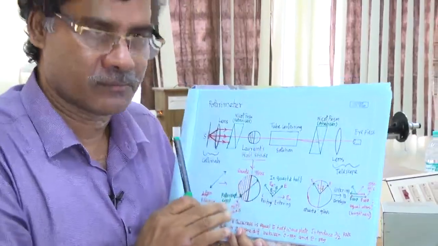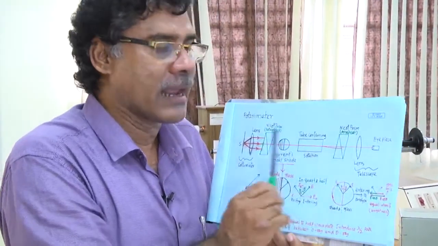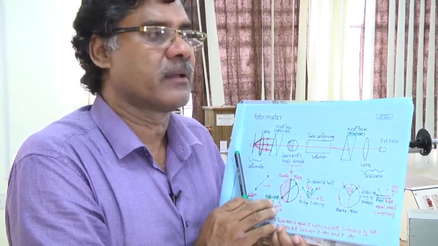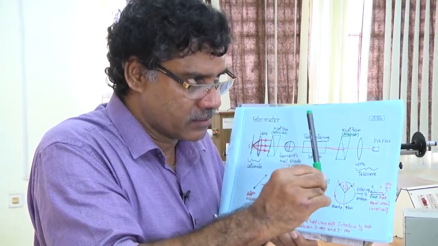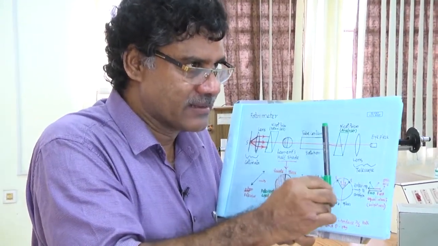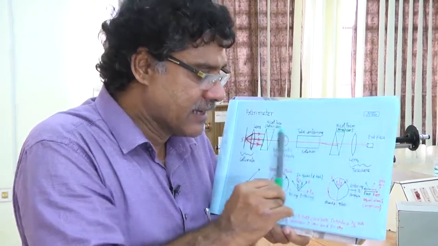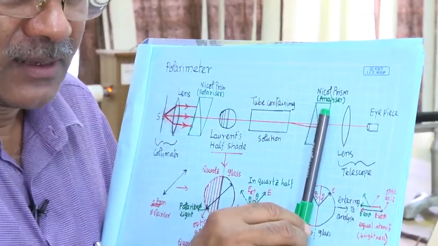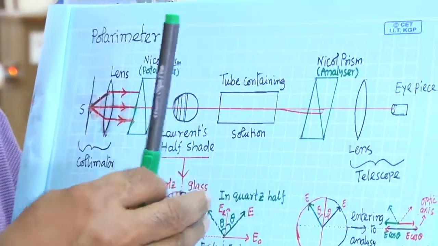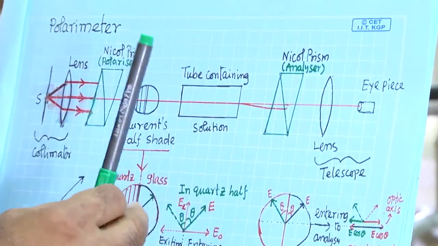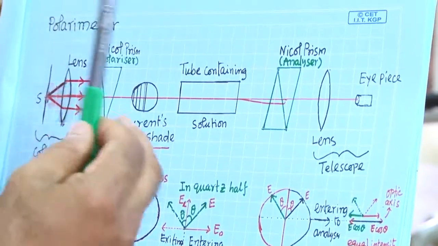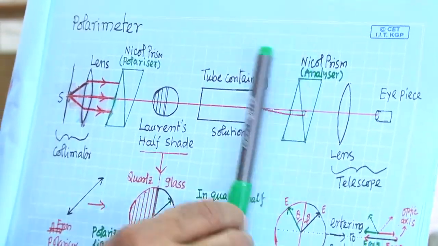Without it one can also do this experiment, but since we are seeing through the solution, it becomes hazy, and it is difficult to identify the complete dark position and the complete bright position.